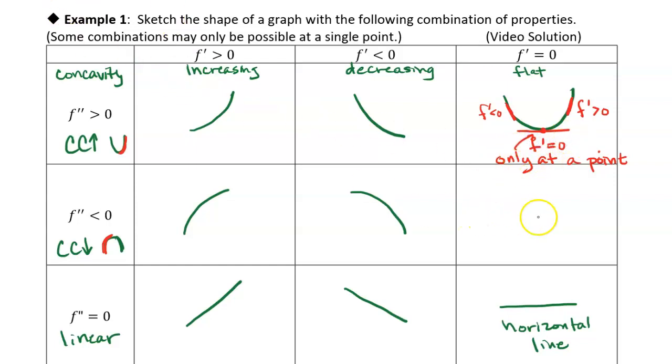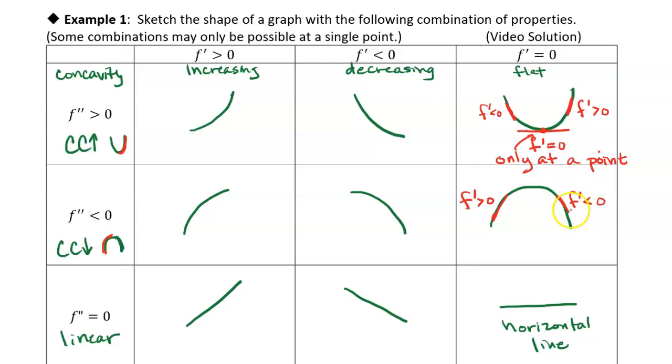All right, so let's look at a concave down curve. So f double prime is negative, and it's the same situation. On one side of the curve, it's increasing, so over here, f prime is greater than 0. Over here, if I were to draw a tangent line, f prime is less than 0.